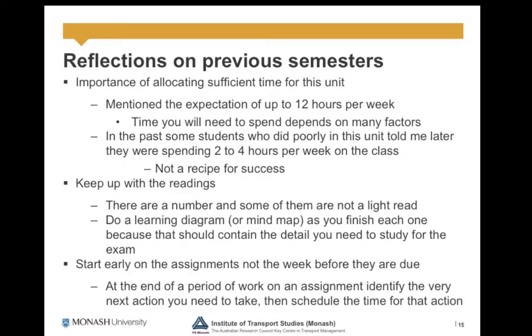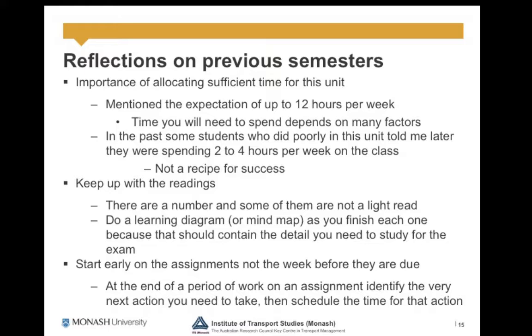So I'll take a moment just to provide some reflections on previous semesters. When I've observed the performance of students in this unit before, I think a critical success factor is allocating sufficient time for this unit. I mentioned that the general expectation, and this is consistent with what Monash advises, is up to 12 hours per week. Obviously, the time that you'll need to spend is going to depend on a whole range of factors, how familiar you are with the topics, how fast you are as a reader.